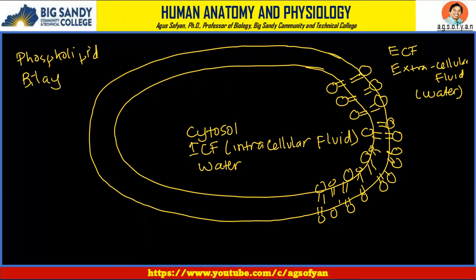Bi means two, so phospholipid bilayer is the membrane that has two layers of phospholipid molecules. This is the main frame of the cell membrane, which consists of the phospholipid bilayer.